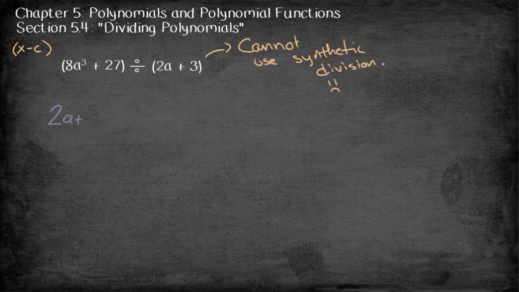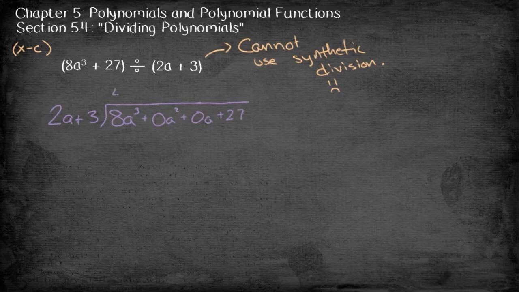So we've got 2a plus 3 on the outside. Then we have our 8a cubed. Remember, I got to include all of the coefficients of the terms in the polynomial. And I have to include from the highest exponent to the constant term. So the highest exponent being 3, it means I have to also include 0a squared and 0a, and then plus 27.